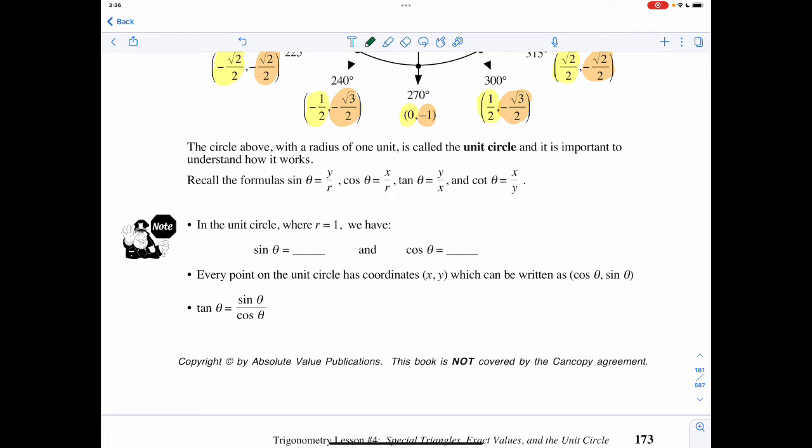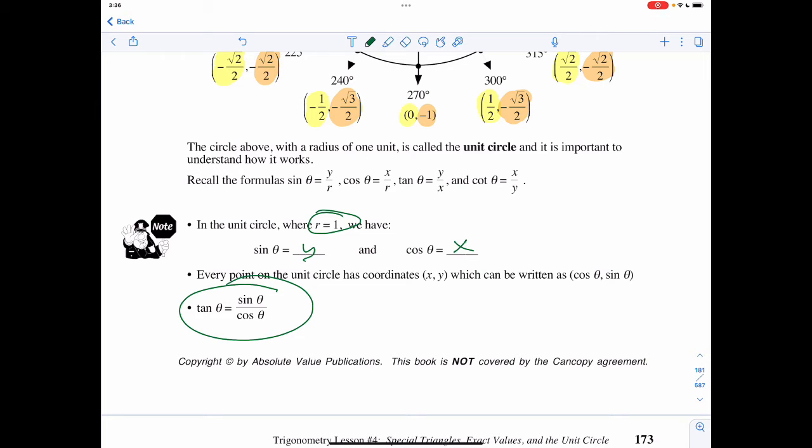So in the unit circle, where r is equal to 1, we know that sine is y, we know that cos is x, and we know that tan is going to be sine divided by cos. So anytime that I get those exact values, I can just put in sine divided by cos.